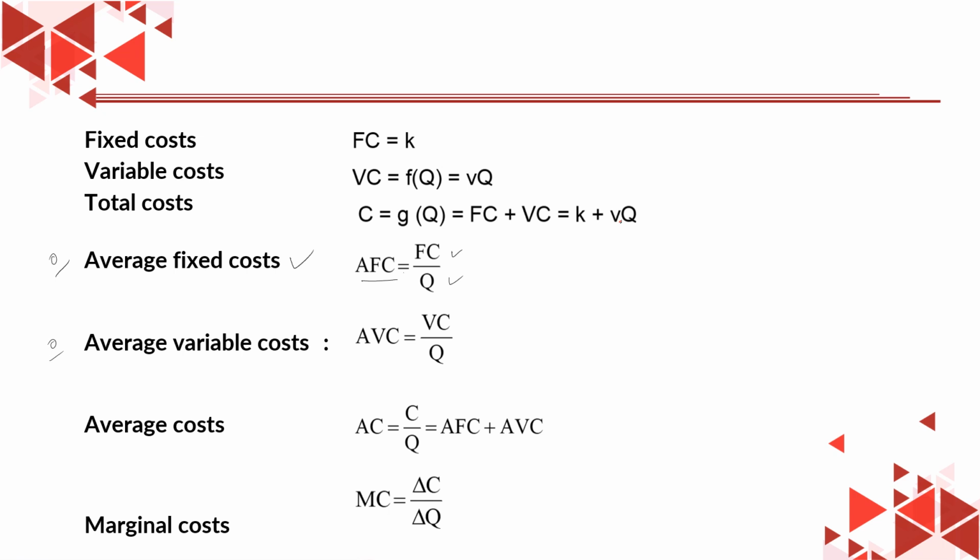Average variable cost is the variable cost divided by Q. So the average total cost is AC, or sometimes we say ATC, average total cost. Average total cost is the average fixed cost plus the average variable cost, which is FC per Q plus V times Q per Q.